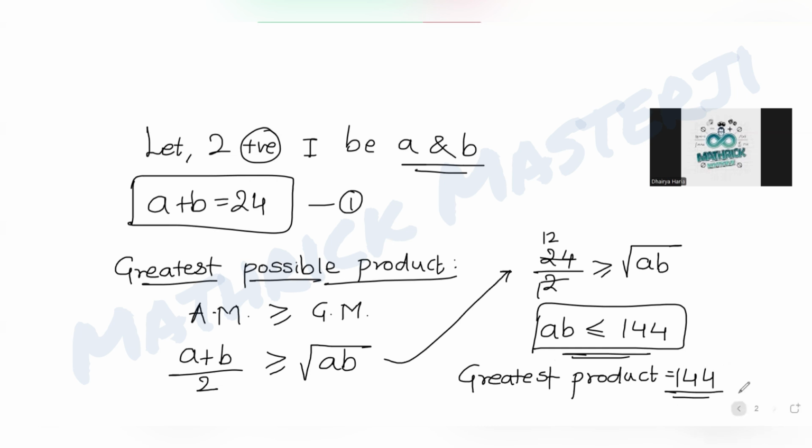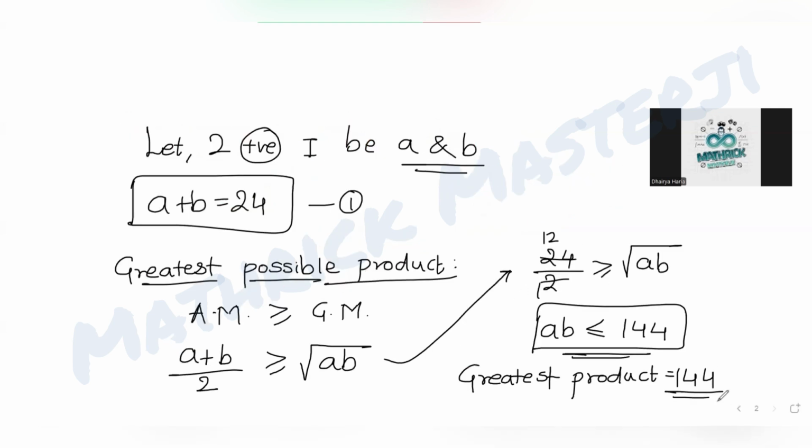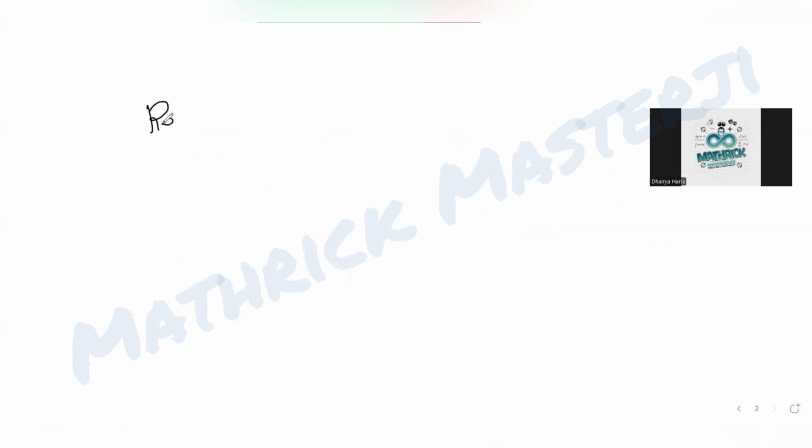Now, further, the question also tells me the probability that the product is not less than 3/4 of the greatest product. So let's find the required product. It should not be less than 3/4 of the greatest product, which means it should be greater than or equal to 3/4 of 144.